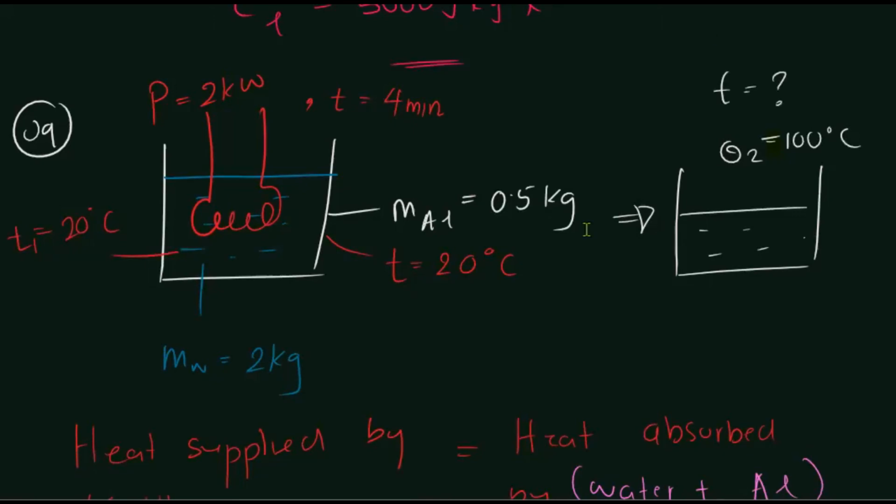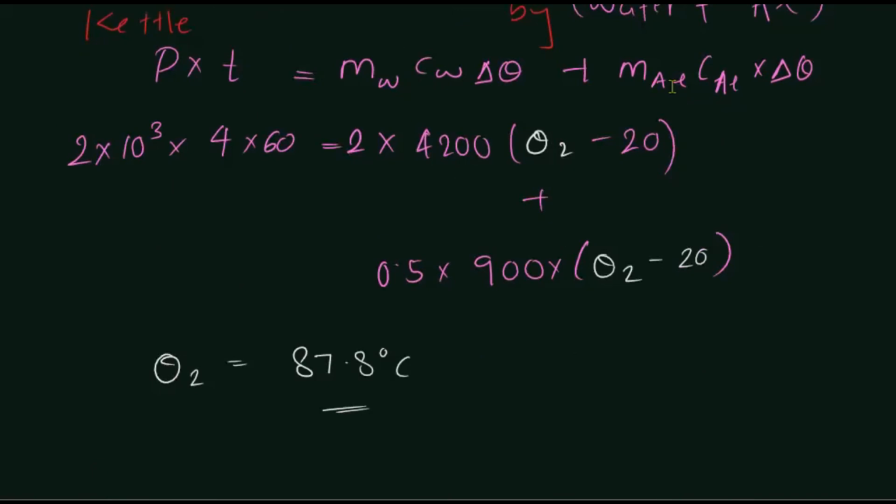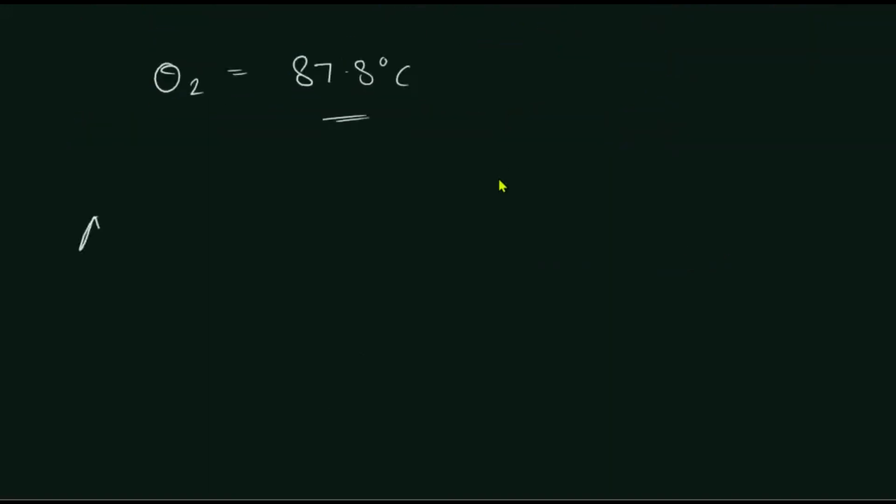The same thing we have to rewrite. P is known, T is unknown, delta T is known, because the final temperature of water should be 100 degrees Celsius. Initially it was at 20, so delta T is 80 degrees Celsius.